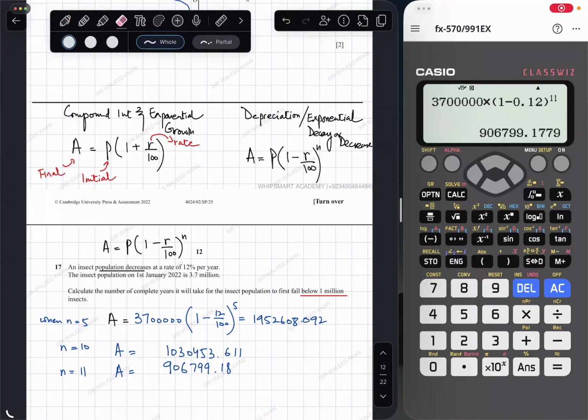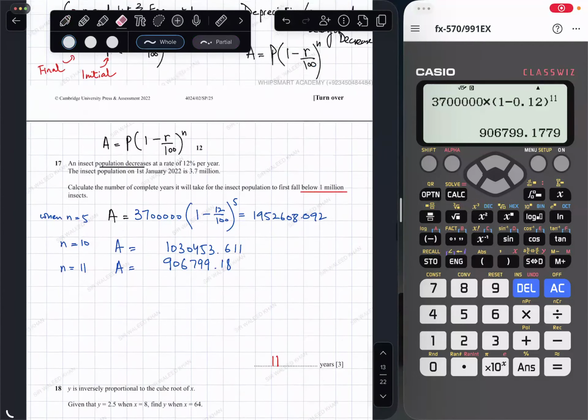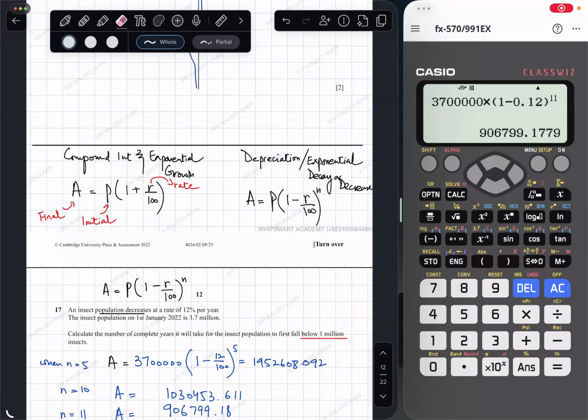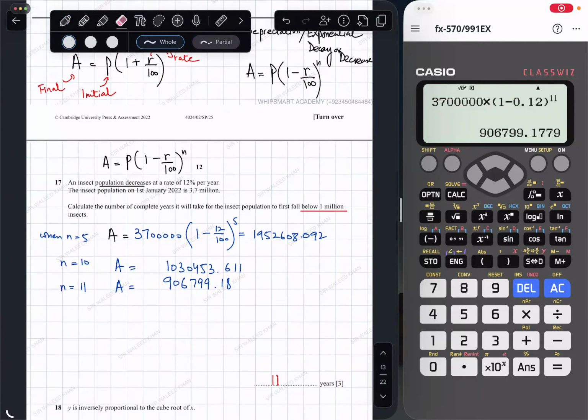Simple interest can't. That is why I've written: for compound interest and exponential growth we use this formula, and for depreciation, exponential decay, decrease, we use this one.